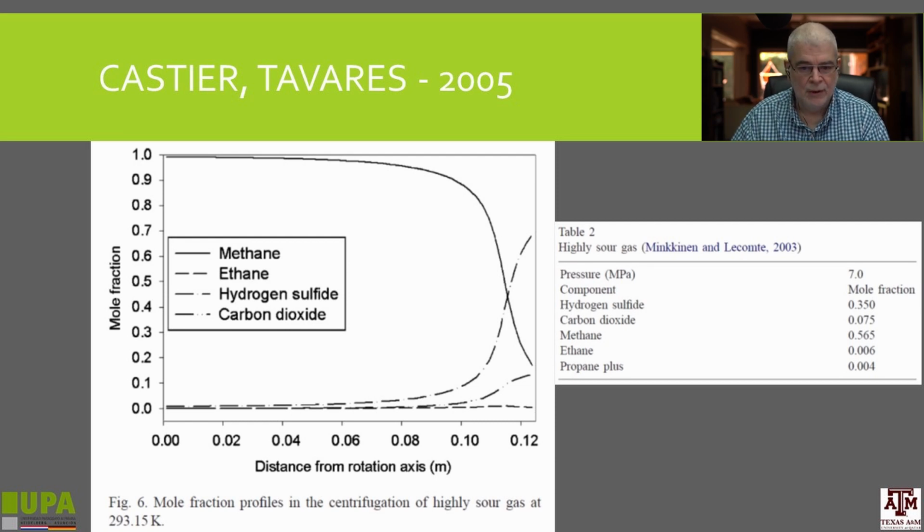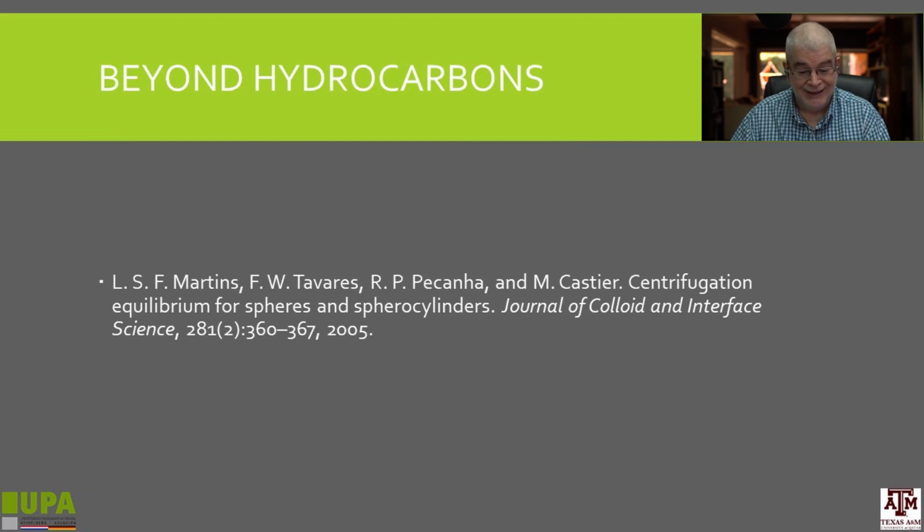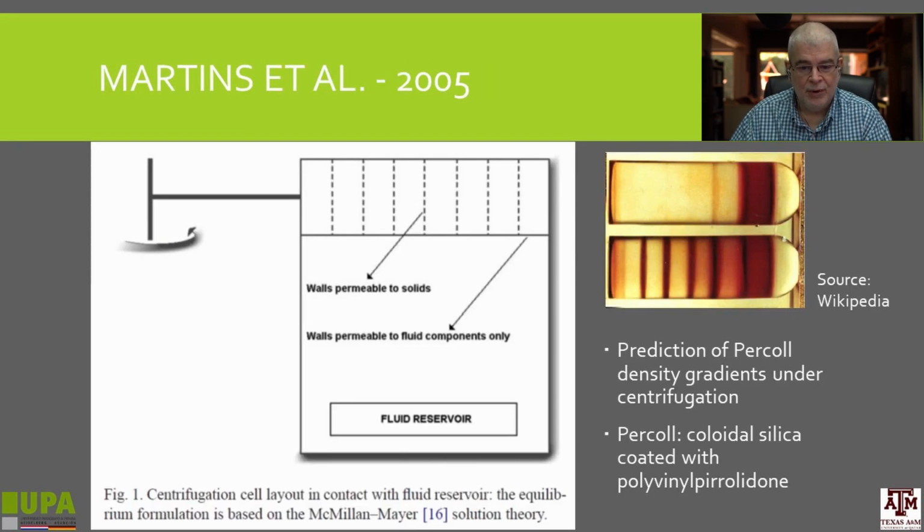to a horizontal geometry. And then we got excited and we decided to go beyond hydrocarbons and play with colloidal particles, very small particles called Percoll. Percoll is used in biomedical separations, and it's small particles of silica coated with a polymer.